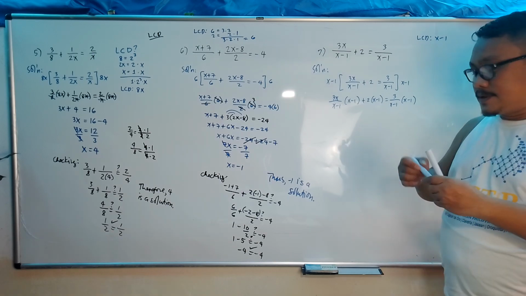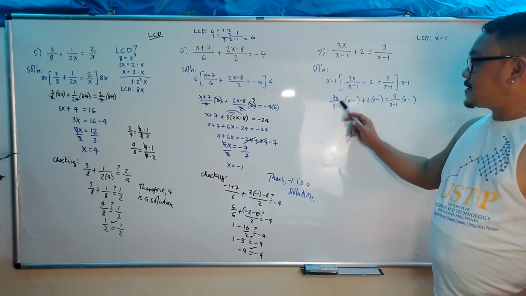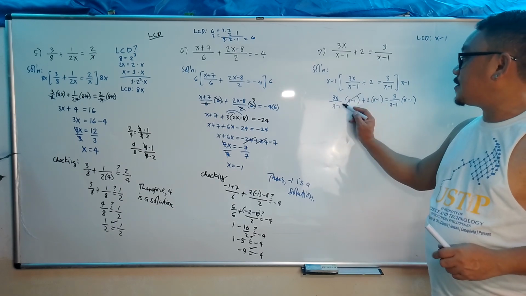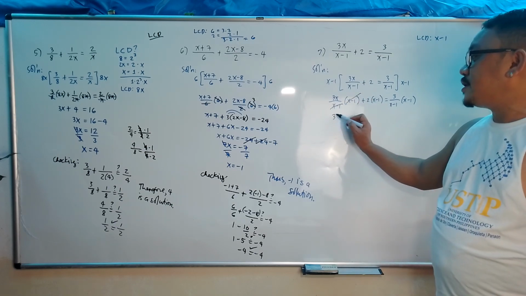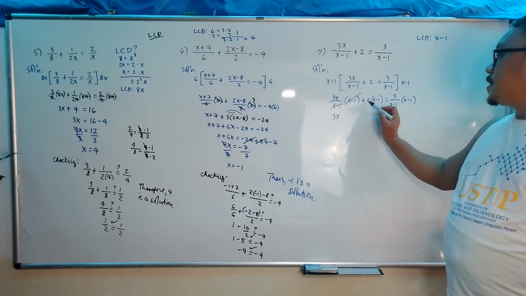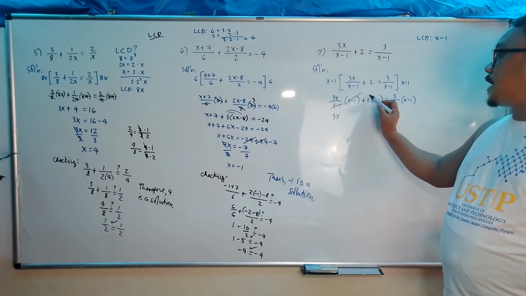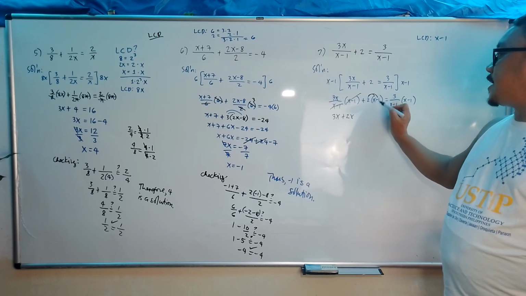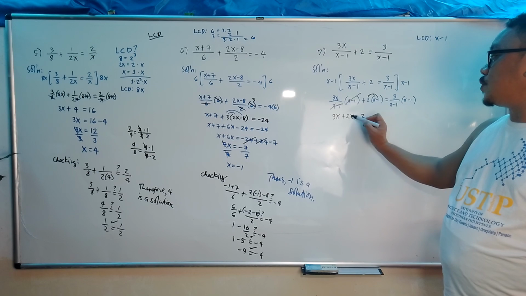So, x minus 1 cancels, and what is left is 3x. Now, here, we will distribute 2. 2 times x, you have plus 2x. 2 times negative 1, you have negative 2.